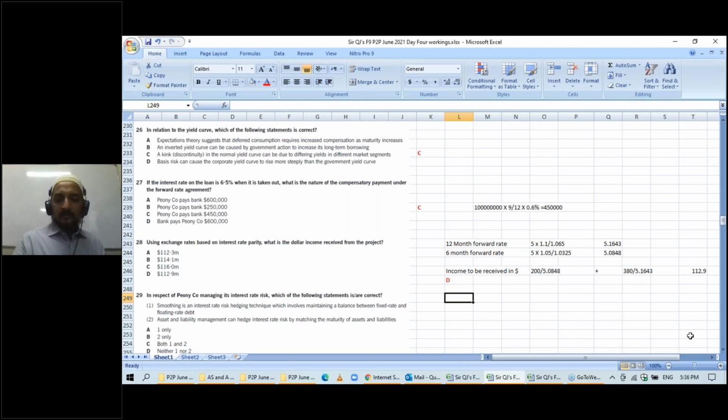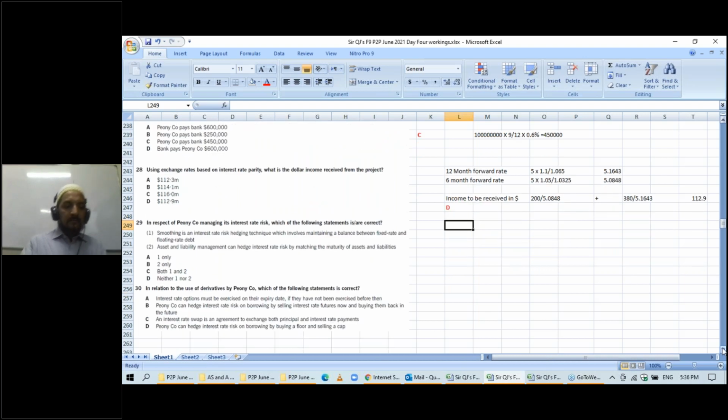Okay, now question 29. In respect of PNE company managing its interest rate risk, which of the following statements is correct?